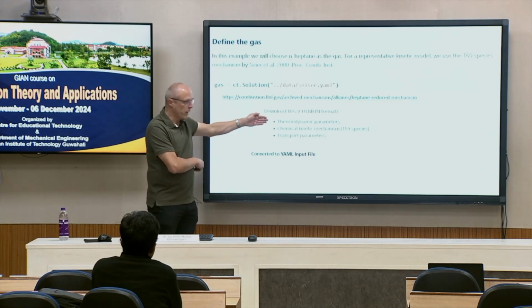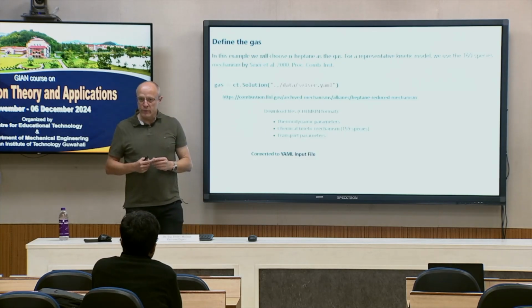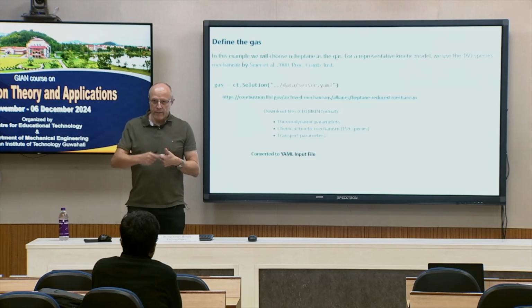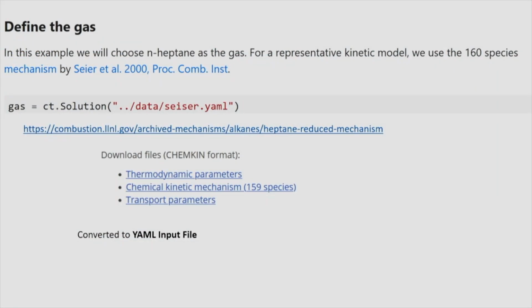So we have the thermodynamical parameters, which we need for enthalpy, heat capacity, entropy for each species. We need to know this, of course. Then we have the transport parameters, which we need for heat conduction and diffusion processes.